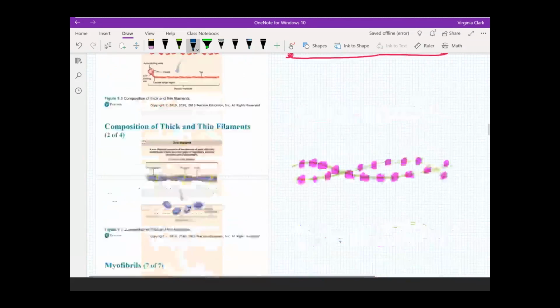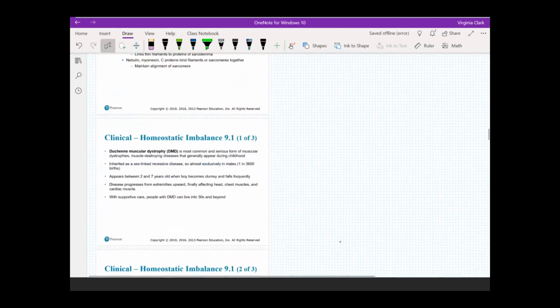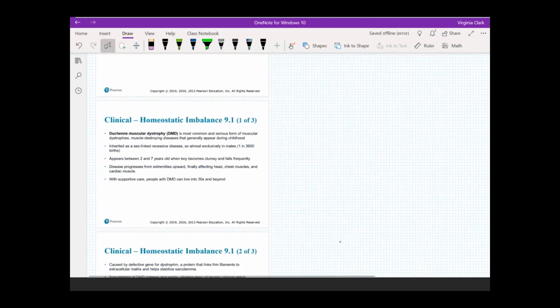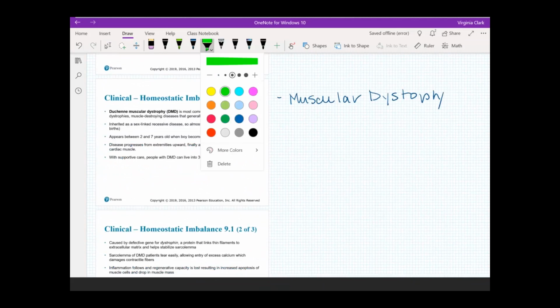But that is our thick and our thin filaments, our myofibrils, and all of those pieces. This is interesting, and why this really matters is when we're looking at some disorders of the skeletal muscle system. One of those is going to be muscular dystrophy. If you've ever heard of muscular dystrophy. So this is a common muscle disorder or muscular system disorder.